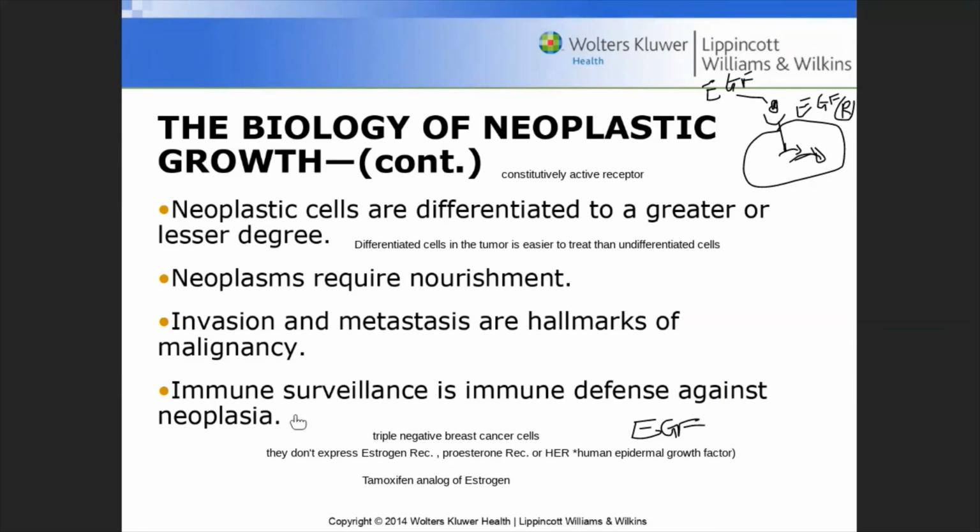A couple of years ago, a Nobel Prize was awarded to, what's his name? James Allison, who works on T cells.